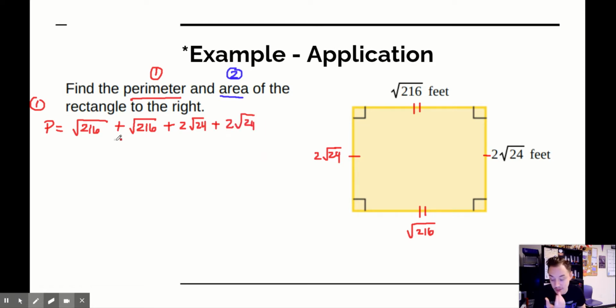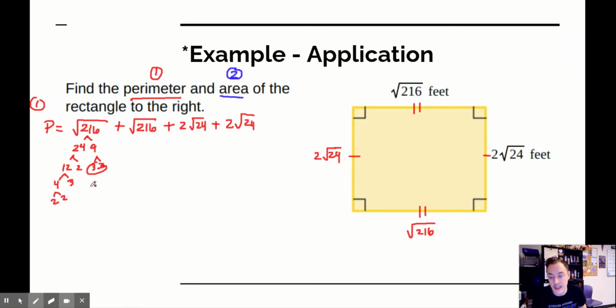So now I need to simplify all this. Radical 216: if I divide by 24, I get 9. You can divide by 2, divide by 4, whatever, it doesn't matter. And this right here is going to be 12. This is 2, this is 3 and 3. This is 4 and 3. This is 2 and 2. Since it's a square root, I want pairs.